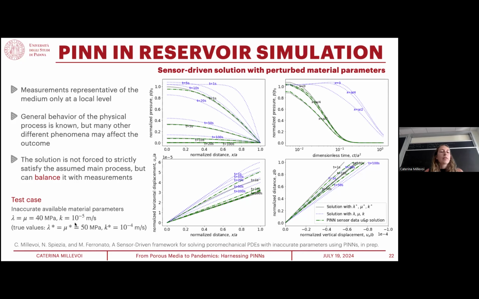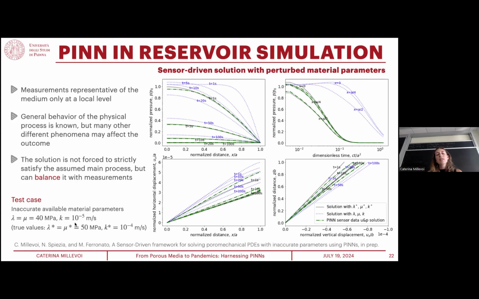Here, denoted by the star, the true values of the parameters are actually 50 and 10 to the -4 respectively. And so we train the PINN with these two contributions: an inaccurate residual and some data coming from the true values, but located only in 3, 2, 1 sensors spread all over the domain.